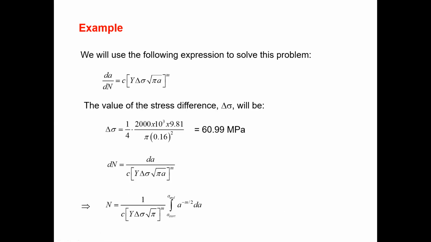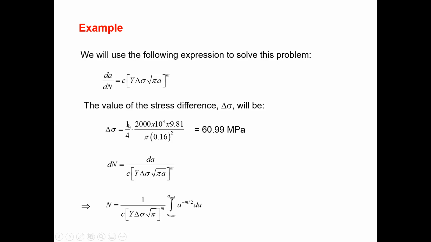So how can we deal with this one? You have this equation they already provide, with C and M, so you can use this equation, but don't substitute the delta sigma directly in this equation. You can calculate it separately. So how can we calculate the stress range?